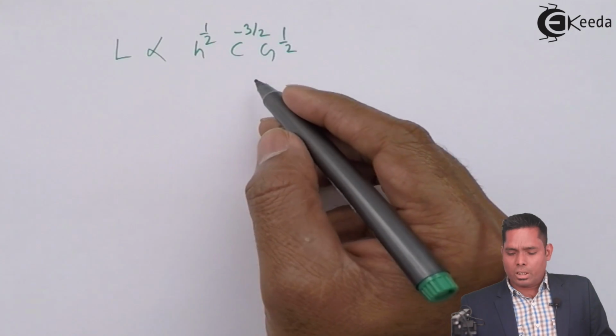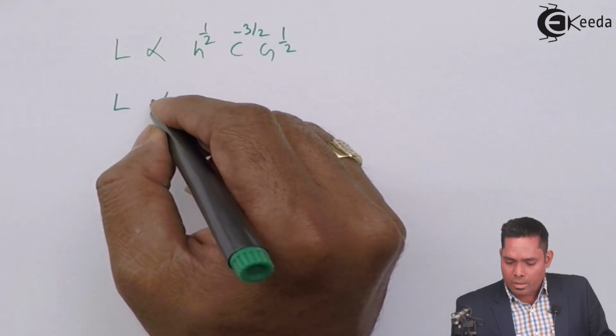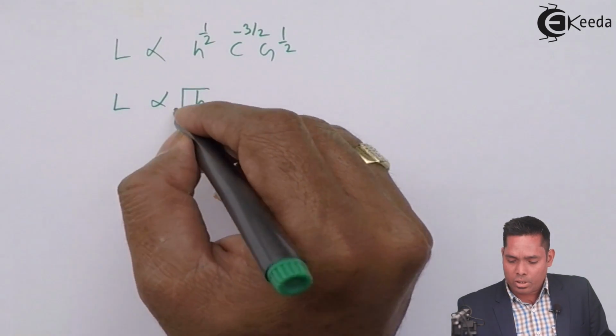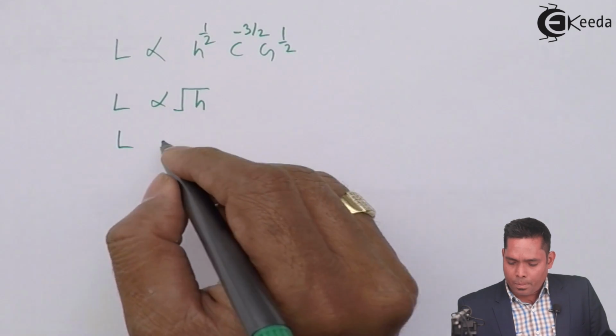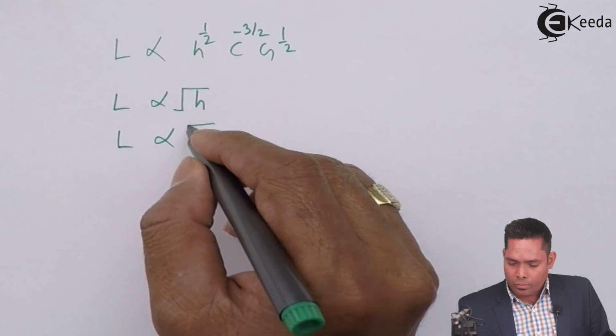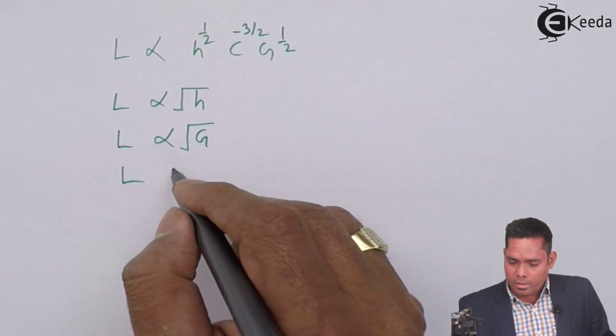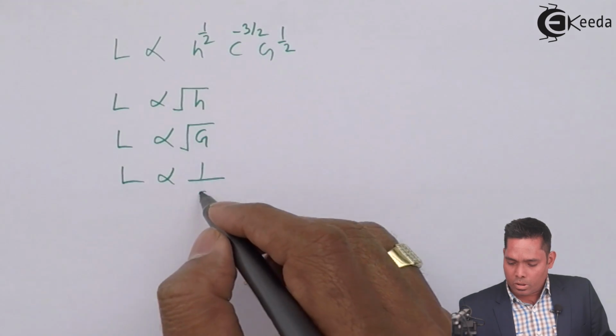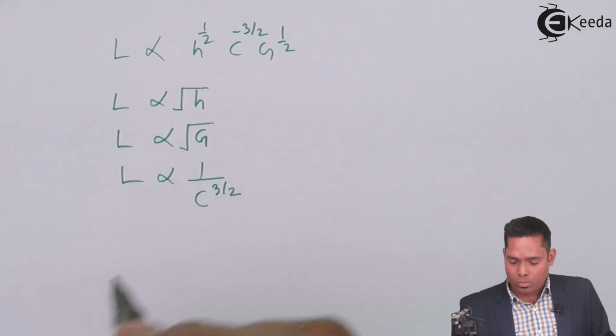So L is proportional to under root of H, L is proportional to under root of G, and L is inversely proportional to C to the power 3 by 2.